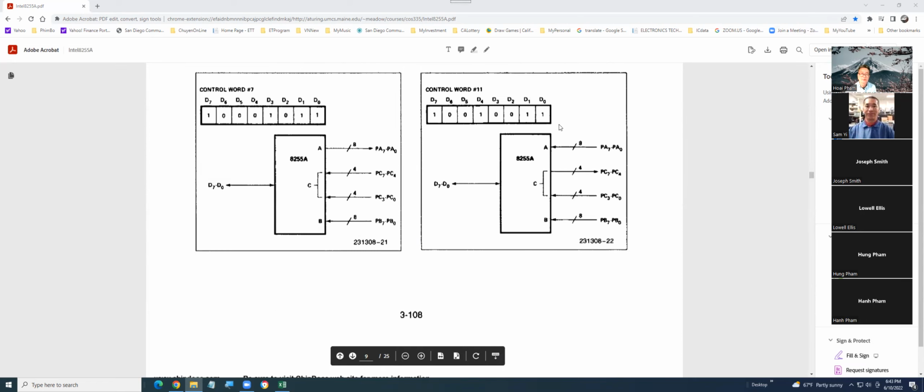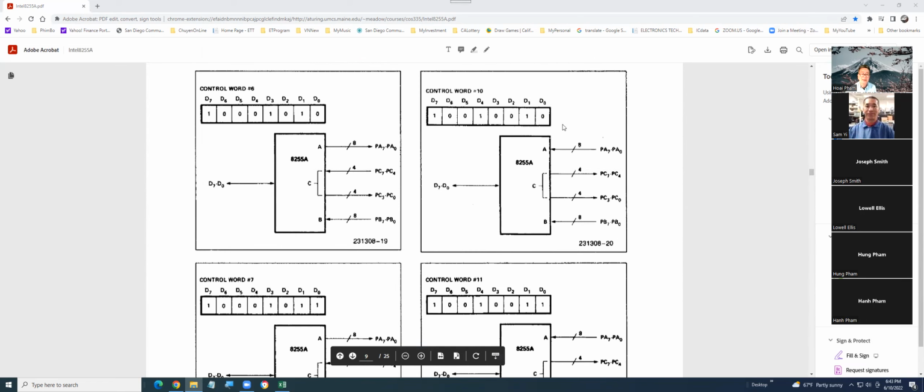And Mr. Pham, a question on that one. Yeah. If you're writing, you could use port A, 8 bits on port A going out for writing. Yeah. Okay, and then port C is half writing and half reading because 4 bits are going in, 4 out.